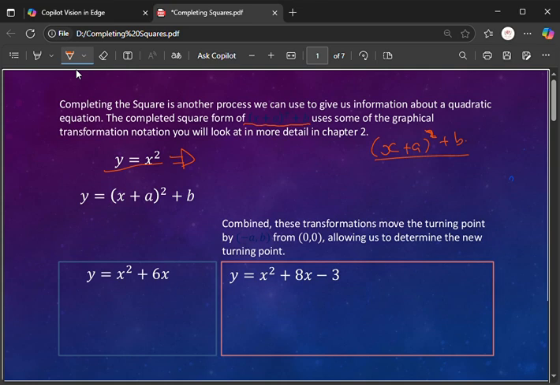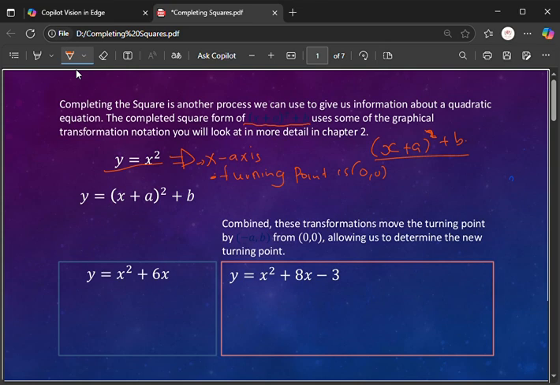So this is a curve, but the curve is on the x-axis, and it turns. We call it the turning point. We shall talk more about turning points in the coming videos, and the turning point is 0, 0. So if you see such an equation, these are the key features: it is on the x-axis and the turning point is 0, 0.